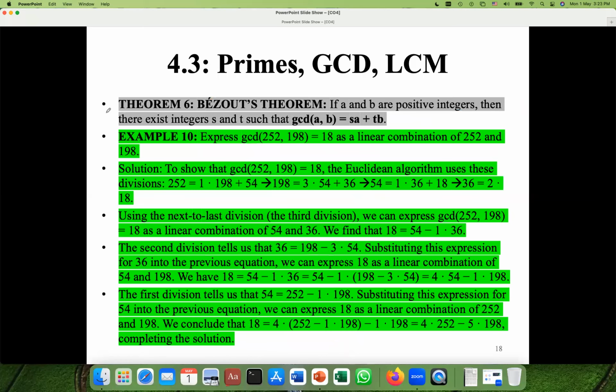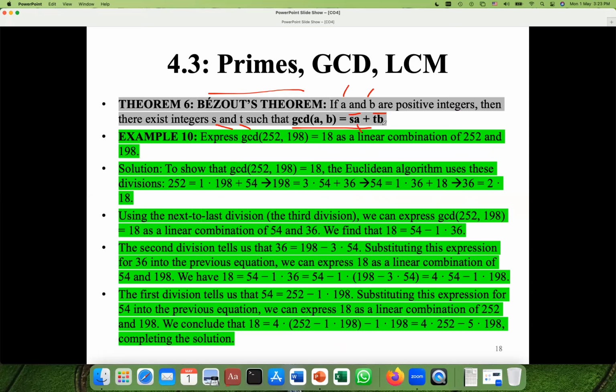So now we have another theorem which is called Bezout's theorem. What this theorem is saying is again the same thing. If we have two positive integers a and b, then there exist some other integers s and t, and you can write this thing with those variables: GCD of a and b would be equal to s·a plus t·b.